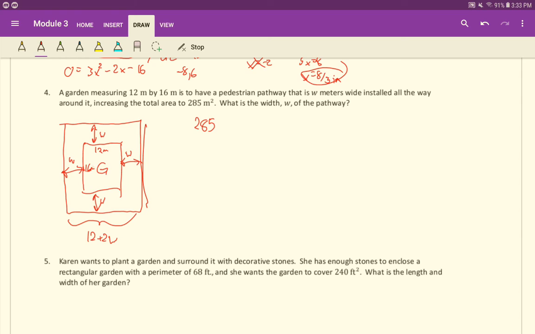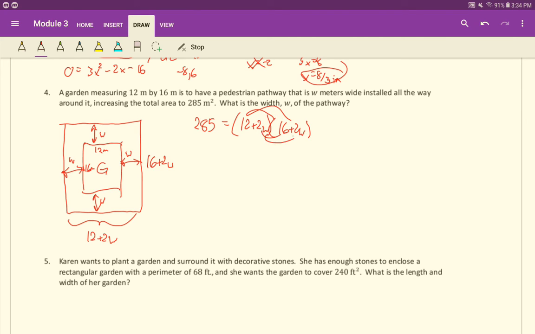And then this side here will be the 16 plus these 2 W's as well. And so the setup will be 12 plus 2W times 16 plus 2W.